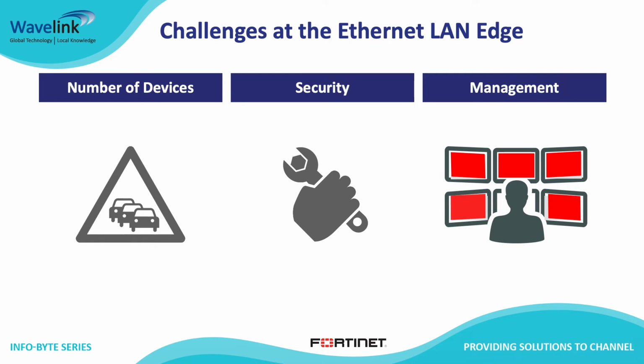So to start off with the challenges at the Ethernet LAN edge, what are the pain points of customers these days? The main one I can think of is actually the influx of these IoT devices, hundreds and thousands of millions. I think I saw somewhere the number being some 75 billion devices.